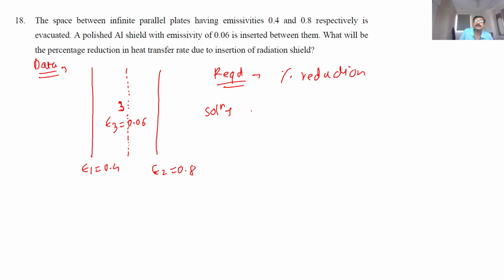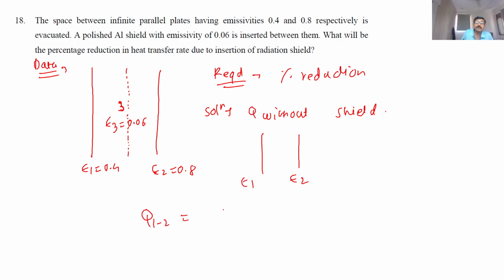Now I will start Q without shield. Means suppose there is no shield placed between the two surfaces. So there are only two surfaces. One is epsilon 1 and the other is epsilon 2. So what is the formula?